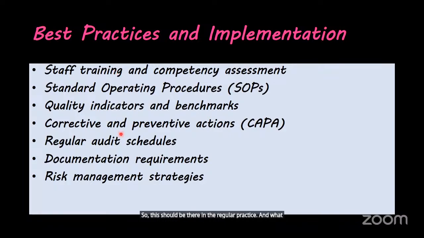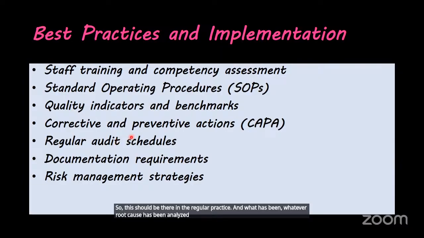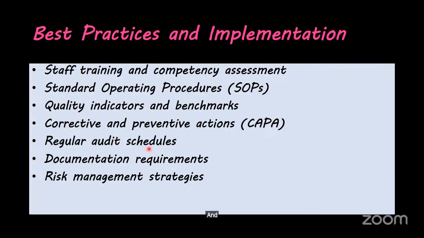Whatever root cause has been analyzed, the corrective and preventive action needs to be taken. A regular audit schedule should be there, and whatever quality control you perform every day needs to be documented. So these risk management strategies must be followed.